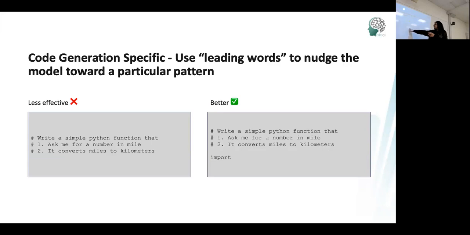Many times you might have seen that ChatGPT doesn't follow exactly and starts giving you text like "you can do this." So it's better to just write a leading word, import, and the model will know, okay, I need to write the code here for sure. So it's a better idea for code generation specific tasks.